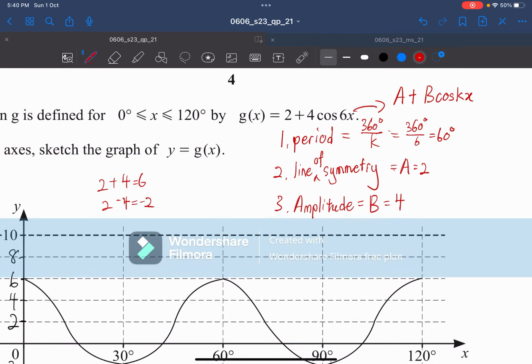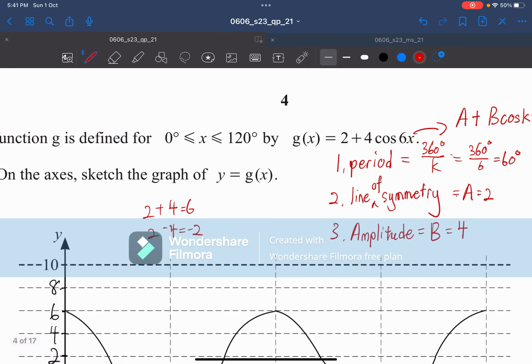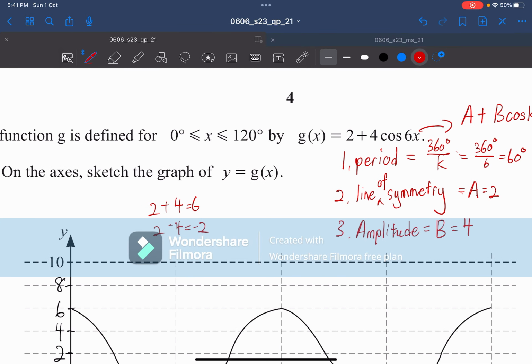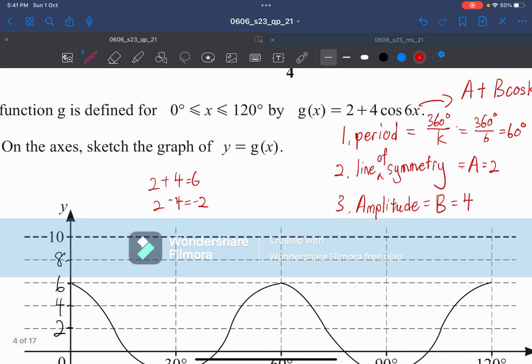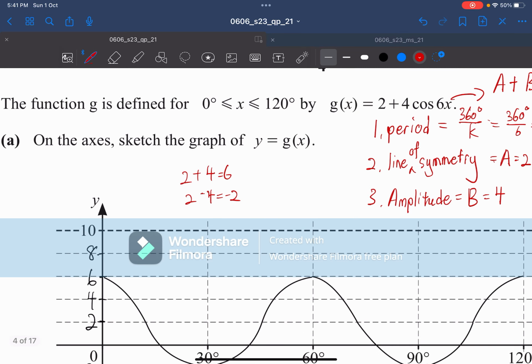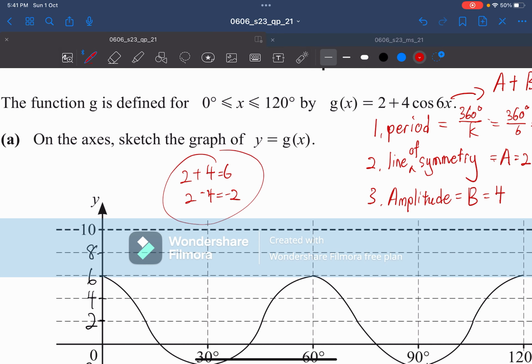The reason is because you're missing a 2 right here. You have to add 2, which is right here, 2 plus 4 and 2 minus 4, which gives us the actual range of the graph. The amplitude is 4, but that's not the range of the graph.